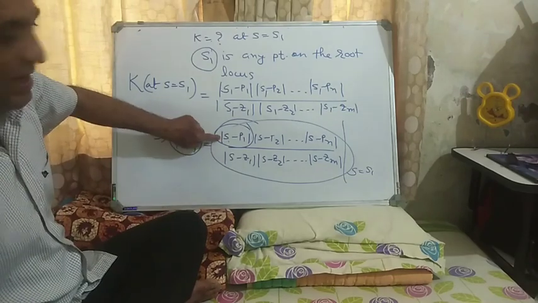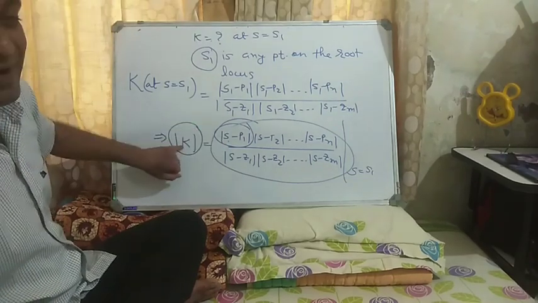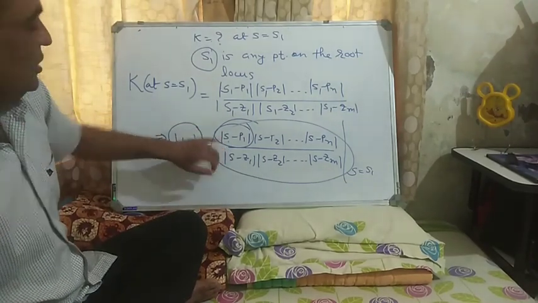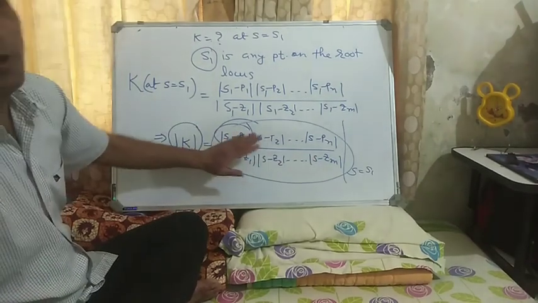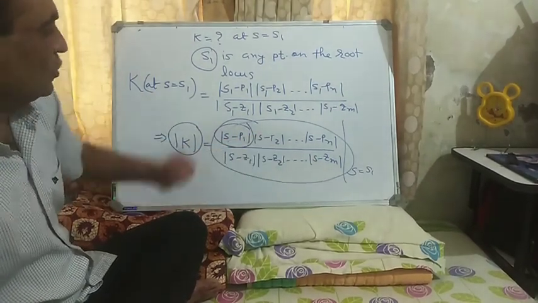So this is the value of gain K at the s1 point, and this is the general equation for any point s which lies on the root locus.